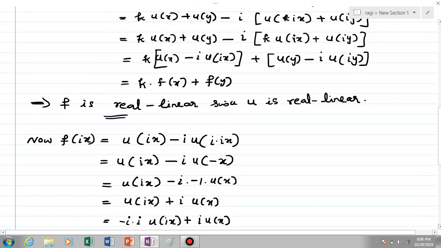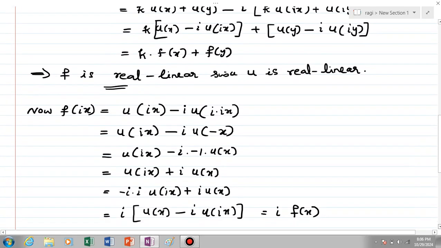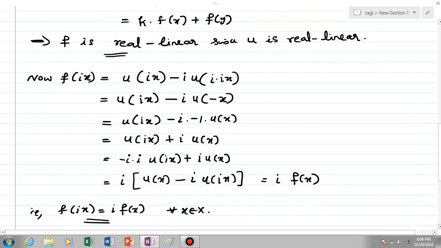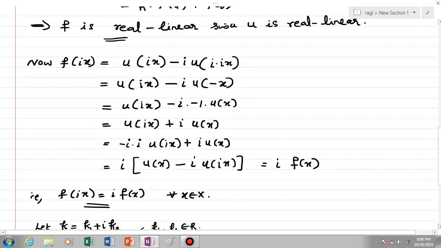Now we are going to show that f of ix is equal to i into f of x. That is also very clear, that f of ix is equal to u of ix minus i into u of i into ix. And by some simplifications, we can clearly see that it is nothing but equal to i into f of x.